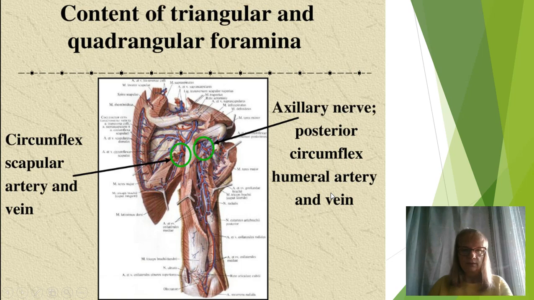Okay, and then the content of the triangular and quadrangular foramen. Through the triangular foramen, the trilateral, pass the circumflex scapular artery and vein. And through the quadrilaterum, we have the axillary nerve first, and the posterior circumflex humeral artery and vein.